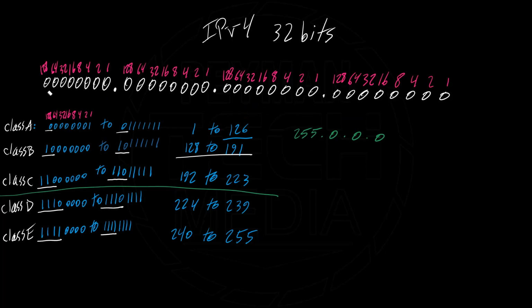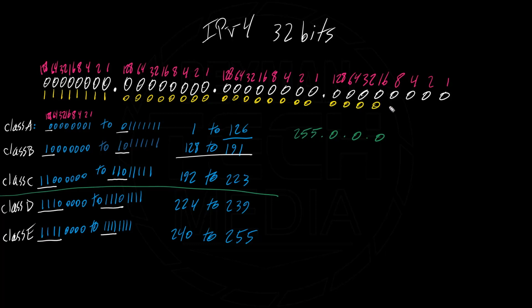So for class A, if I write down all the bits here for the subnet mask, we have the first octet all turned on. And the rest, it's pretty much all turned off. These are the subnet mask address.